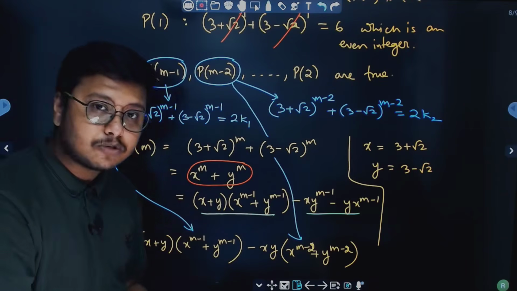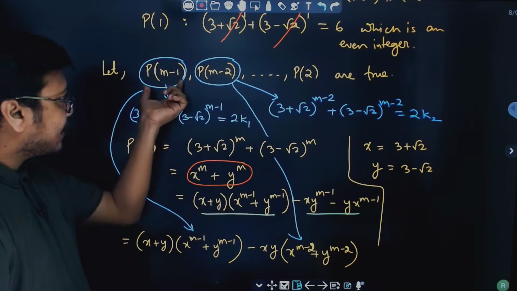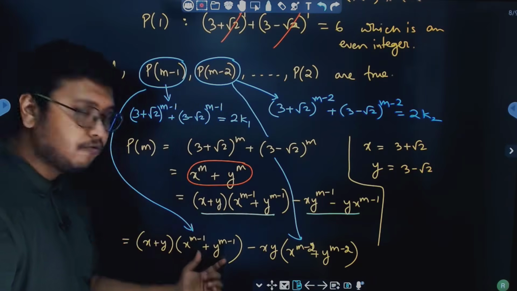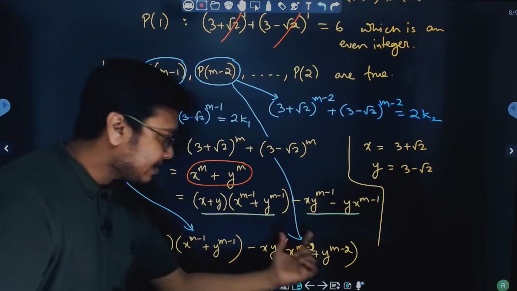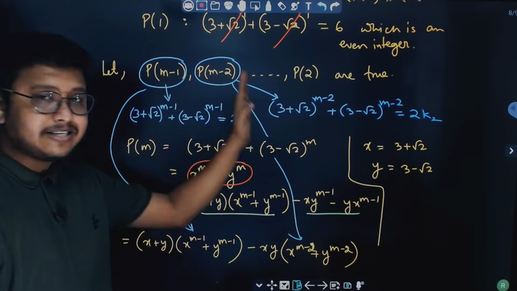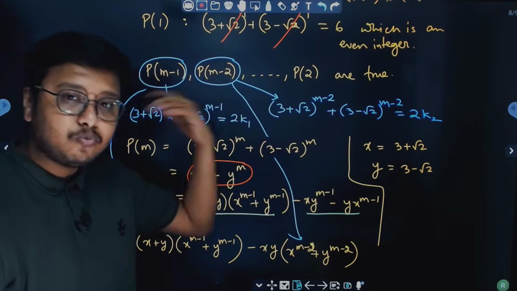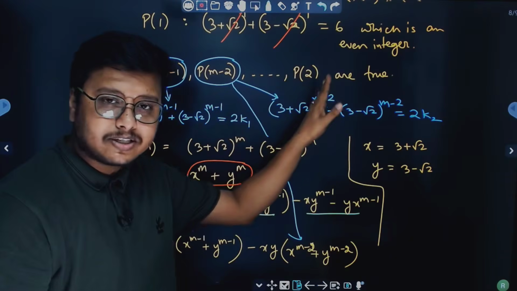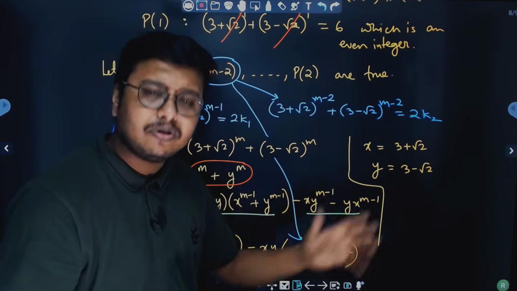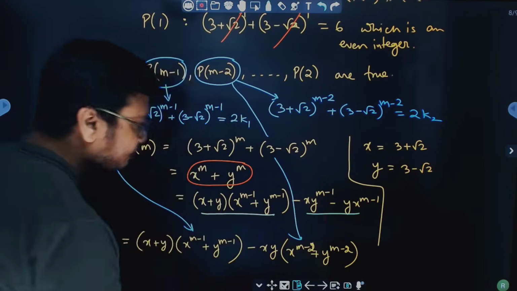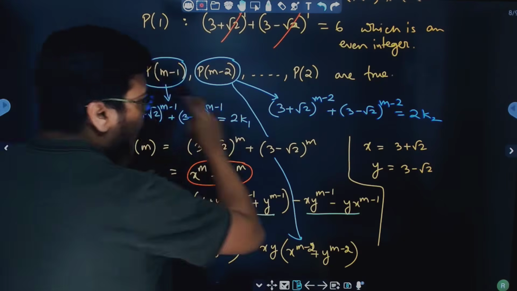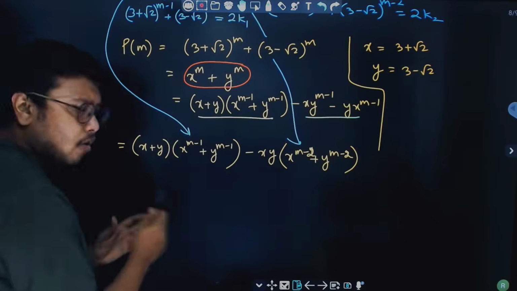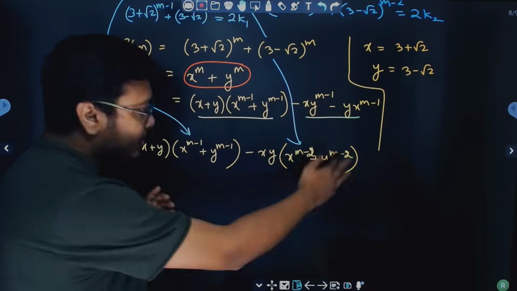In the first principle of induction, only the m minus 1th statement would have been sufficient, but here I am requiring another statement, which is the m minus 2th statement. Maybe in some other question we would require even another statement, which would be P(m minus 3) and so on. So you can require all the previous statements or maybe some of them for doing your proof of the mth statement.